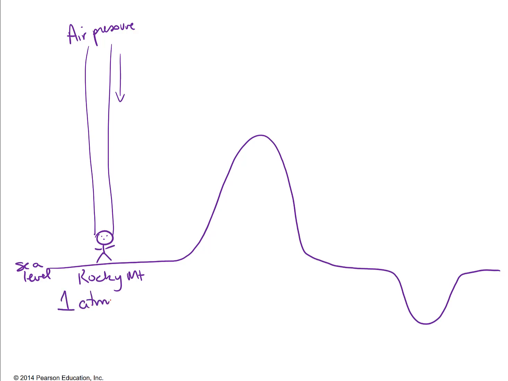But now if you live in the mountains, is the pressure greater or less? Less. Yeah, because here's your column of air, and the column of air above you is actually lower. So there is less air pressure.